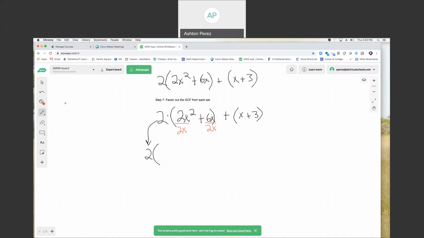Okay, now let's actually factor out the GCF. So remember, when we're factoring out a GCF, we are essentially dividing. And when we divide out a GCF, it does not magically disappear. Where does it go? On the outside of the parentheses, right? And everything else that's left over goes on inside.